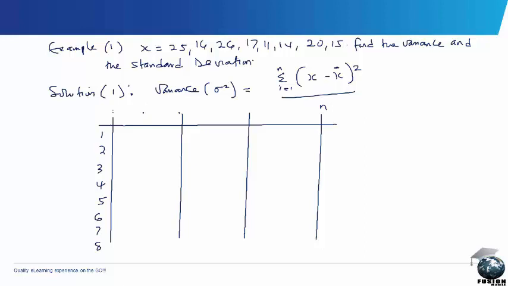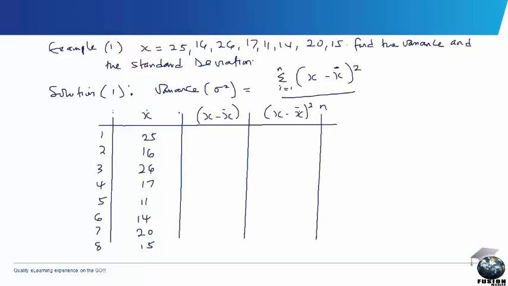Let this be our x values: 25, 16, 26, 17, 11, 14, 20, and 15. And so the next column will be x minus x bar, and then x minus x bar squared.